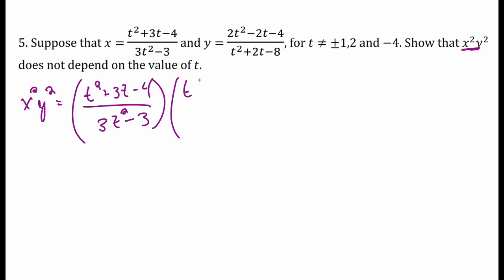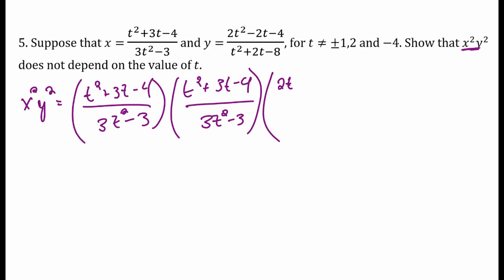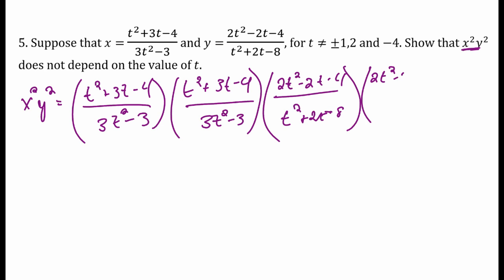Since it's squared, I want to multiply it by itself, times y squared. So I'm going to multiply y by itself: 2t squared minus 2t minus 4 divided by t squared plus 2t minus 8.